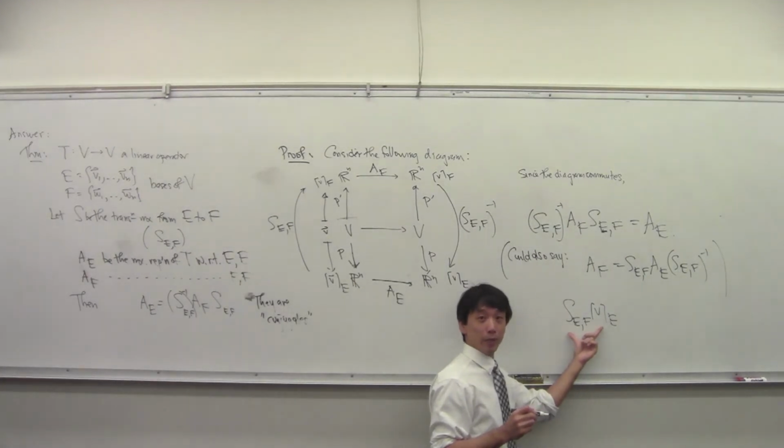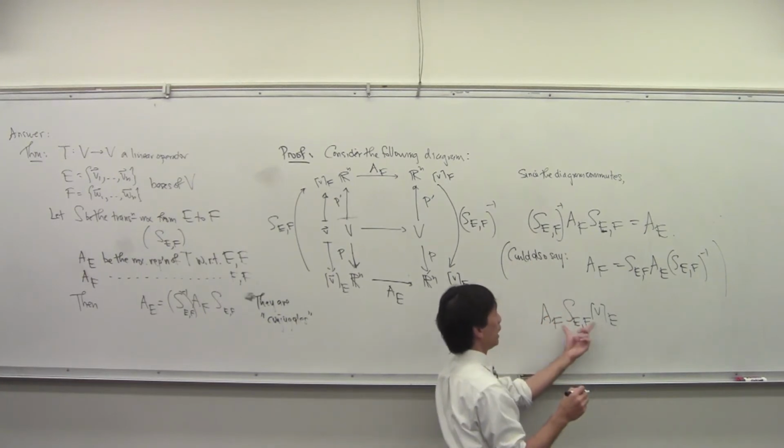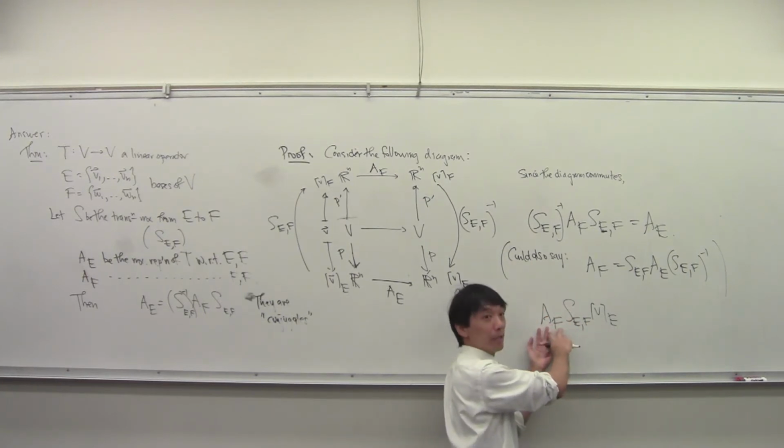That gives me the coordinate vector with respect to F, right? And then suppose I hit it with A sub F, right? That says, okay, I'm going to act on it with the operator.